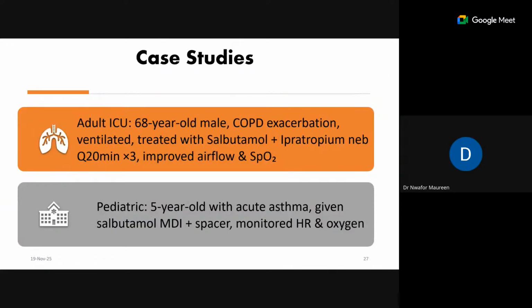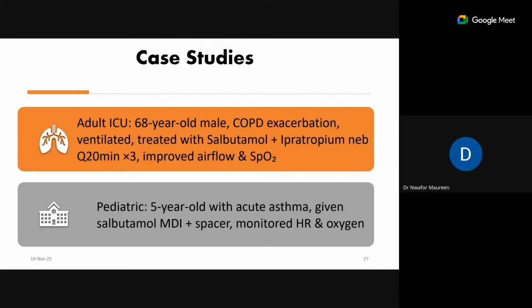Just a little case study to portray what you've already heard so far. This first one, an adult ICU patient, an 8-year-old male who had a COPD exacerbation, ventilated, was treated with salbutamol plus ipratropium nebules.